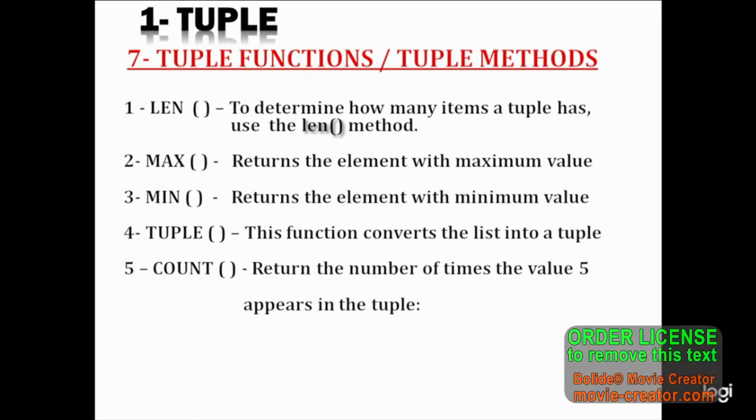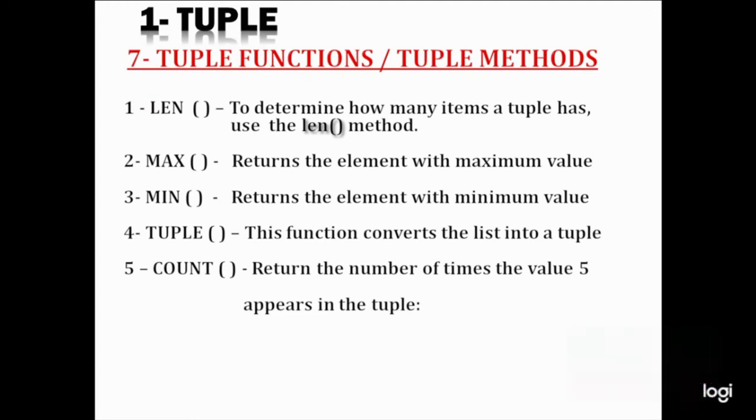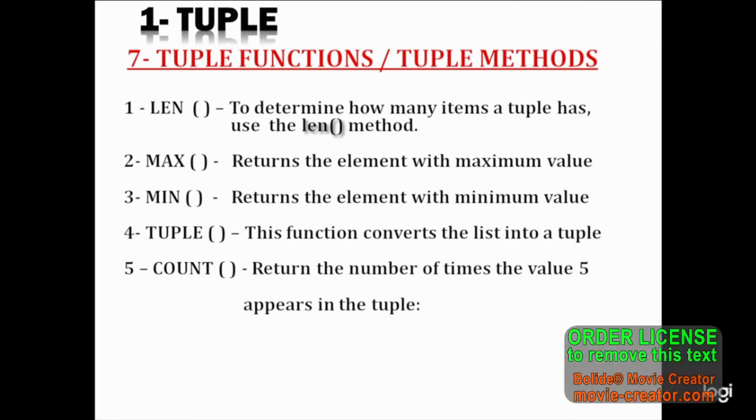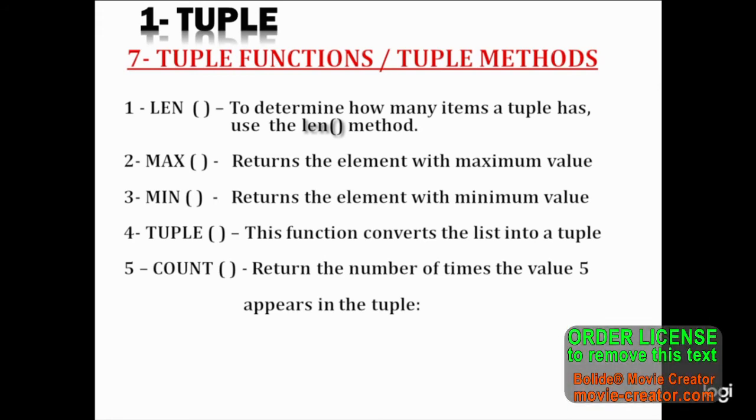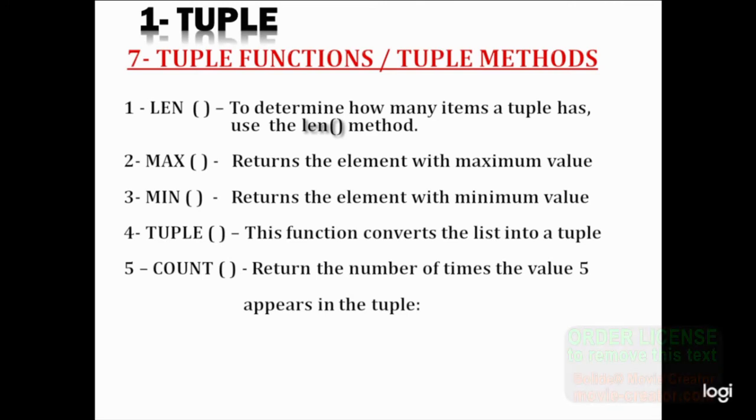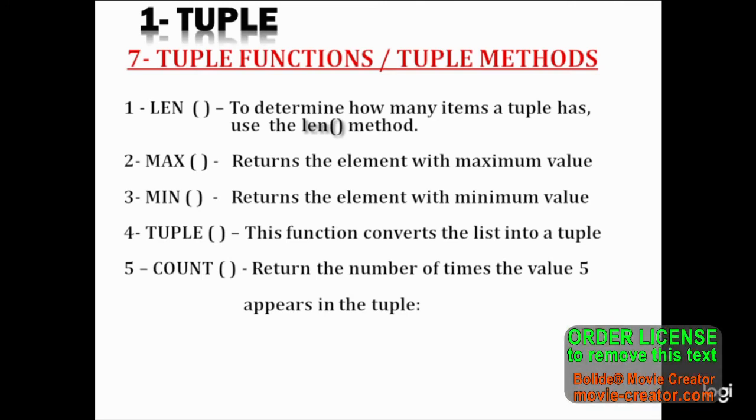Let me learn tuple methods or tuple functions. As you have learned about list methods to perform list operations, similarly, we need some tuple functions also to perform tuple operations. First one is the length function.